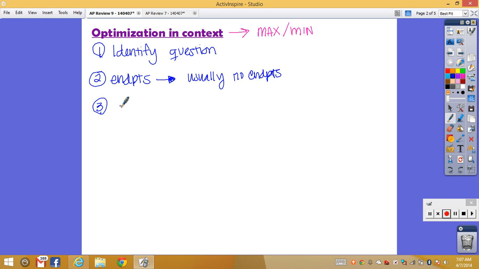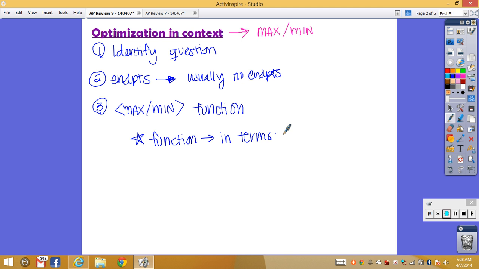Whatever you're trying to identify, if you're identifying the max or the min, you want to find the name of the function, because you're going to need to take the function's derivative. But here is where the function must be in terms of one variable.